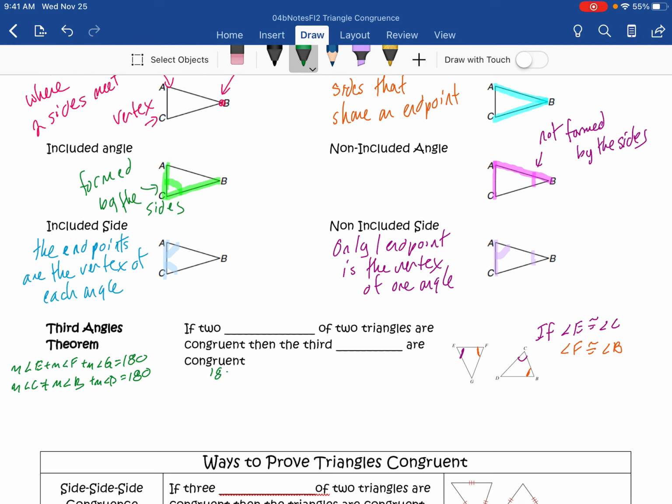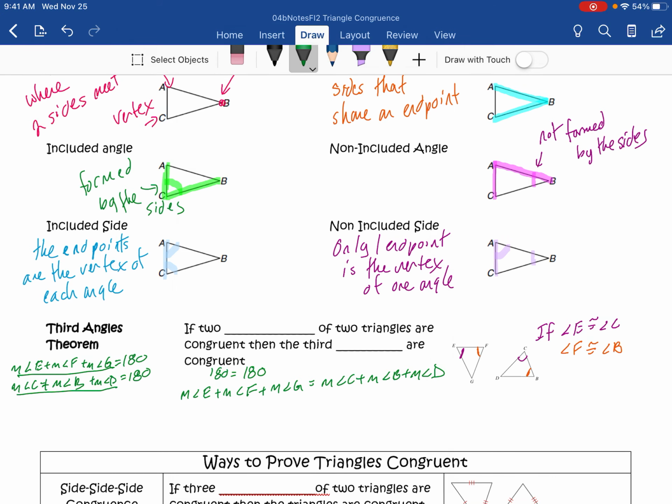Well, 180 is equal to 180, so the sums must be equal to each other. So the measure of angle E plus the measure of angle F plus the measure of angle G must be the same thing as the measure of angle C plus the measure of angle B plus the measure of angle D.